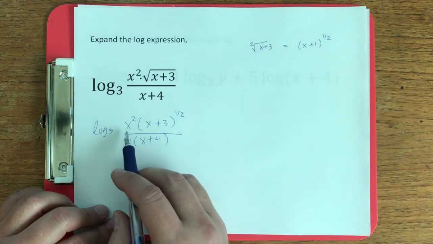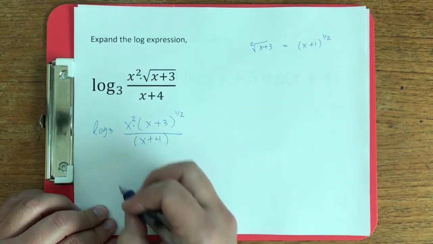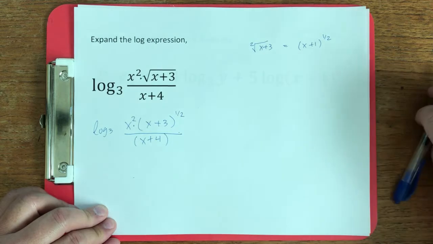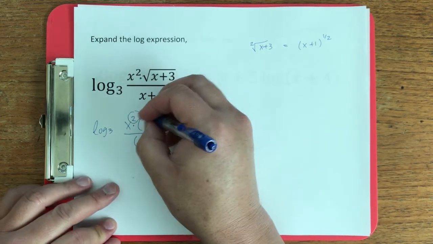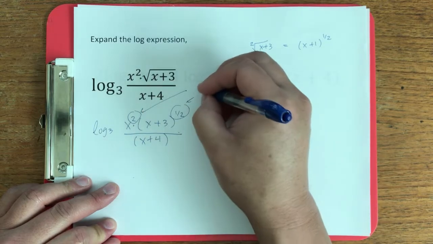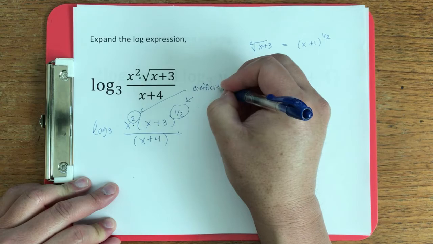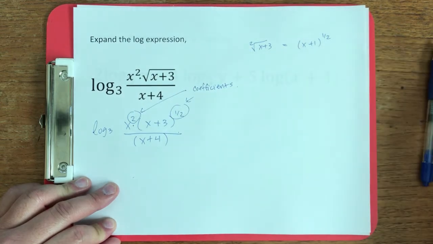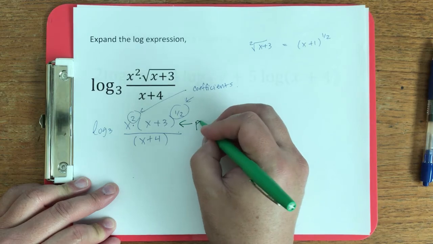So now let's look at this and say everything that's separated by a multiplication will get its own log. And let's also remember that any of our exponents will turn into coefficients. Anything that's in the top will become positive.